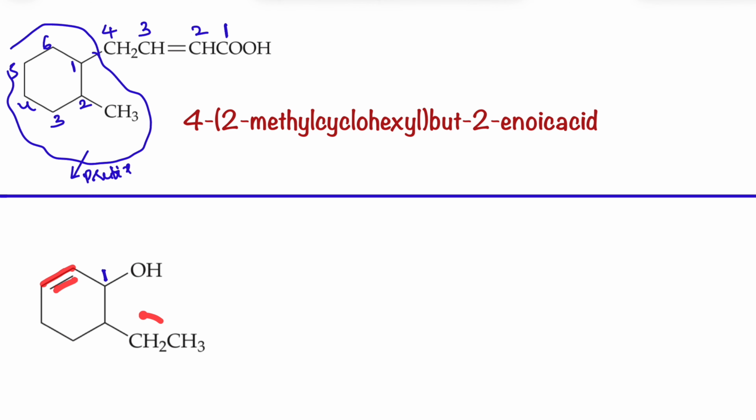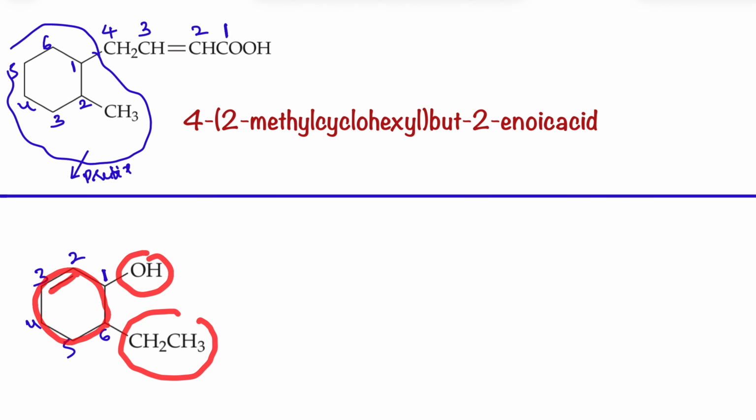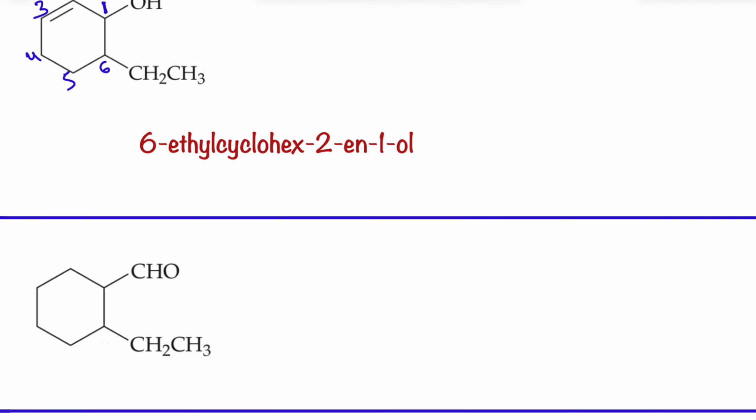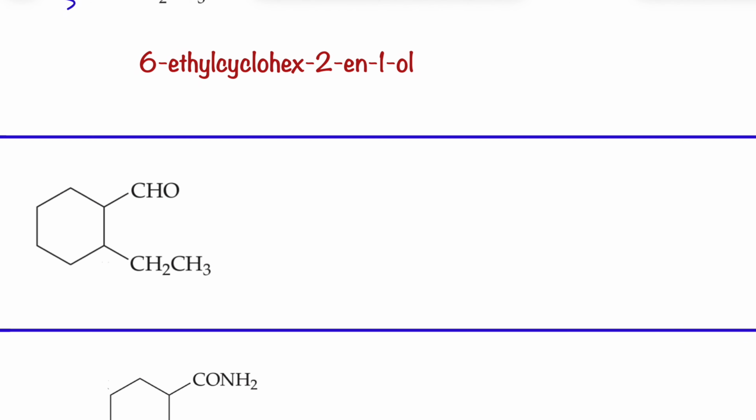Primary suffix, secondary prefix: the primary suffix gets more priority. Therefore, this is the correct numbering of the compound. Clearly understand the rules, then you apply, there will be no error then. So this is a prefix located at the 6th place, therefore it is 6-ethylcyclohex-2-en-1-ol. Understand the rules properly.